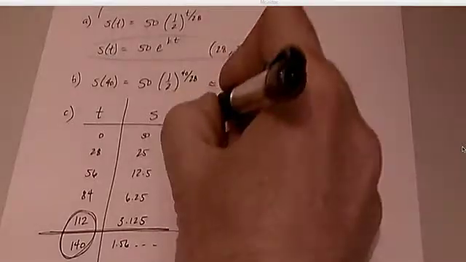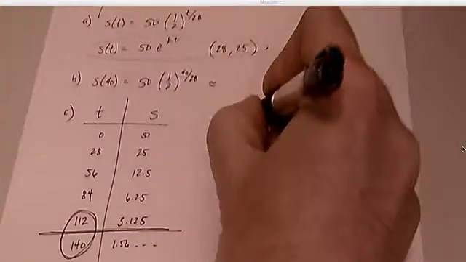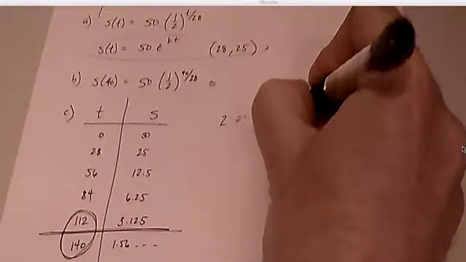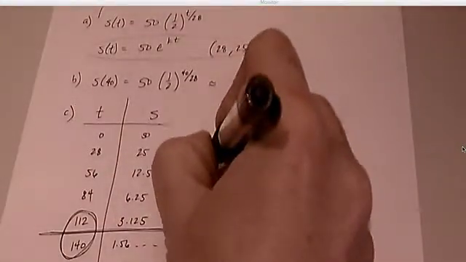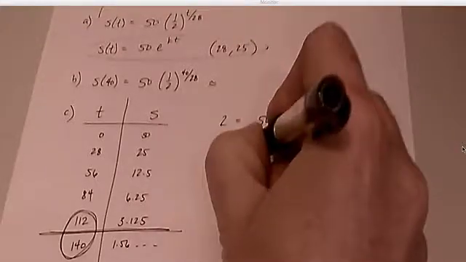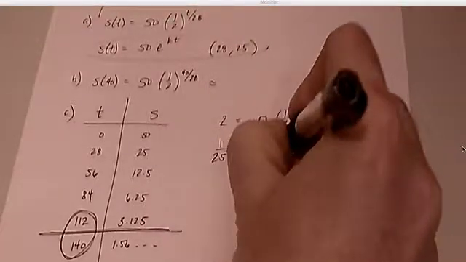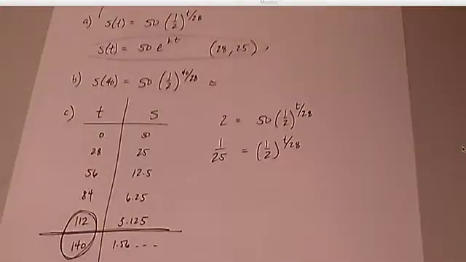So if it asks you how long does it take for the sample to decay to 2 milligrams, that is obviously an output-based question. You are to solve for t. So you have 2 equals 50 times 1/2 to the t over 28, so 1 over 25 equals 1/2 to the t over 28. And you know me, I always default to natural log.